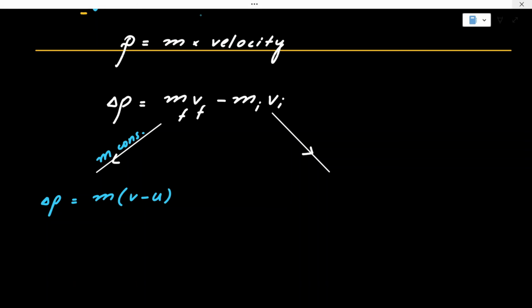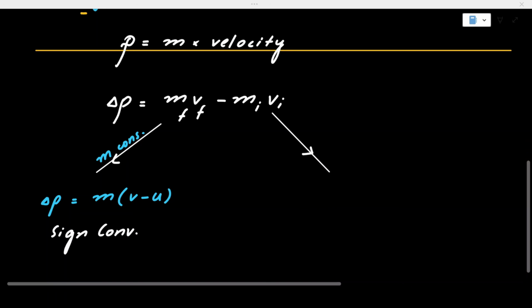The final and initial velocity will be decided with the sign convention, which means if a rebound occurs, the direction of the velocity is reversed, so you need to put the opposite sign with respect to the previous one.